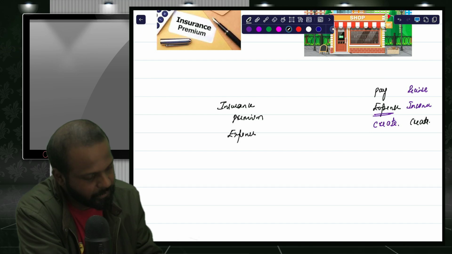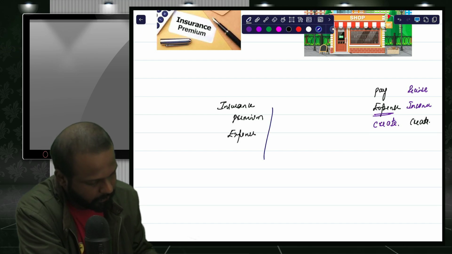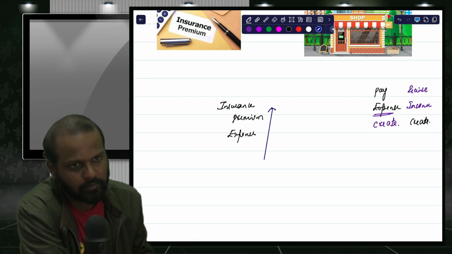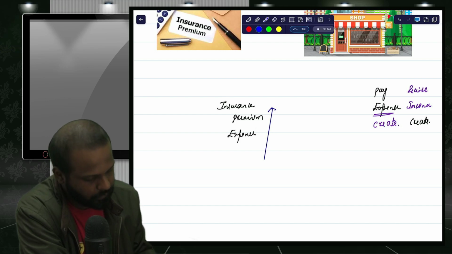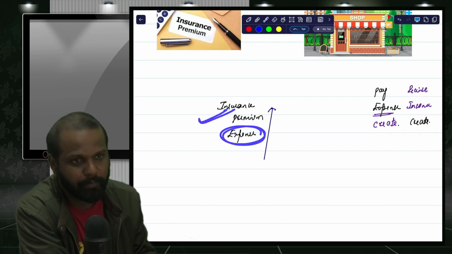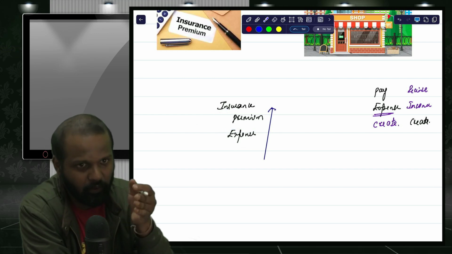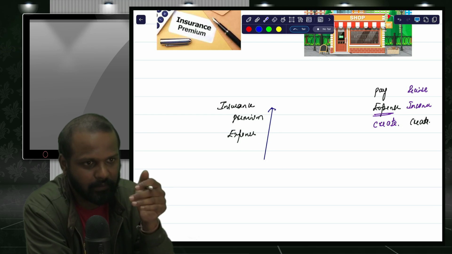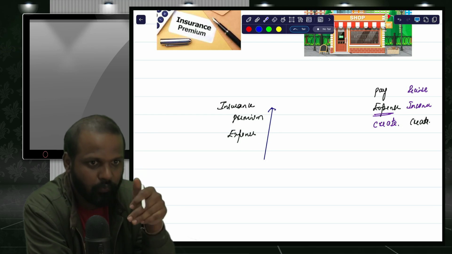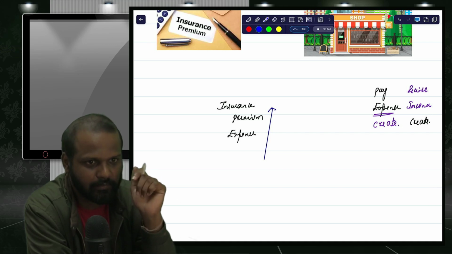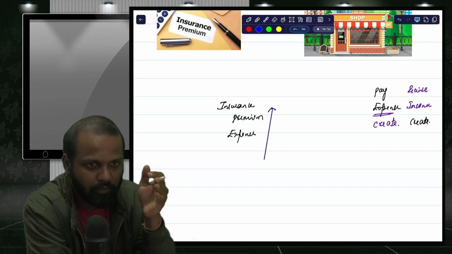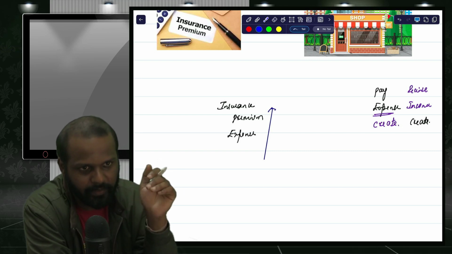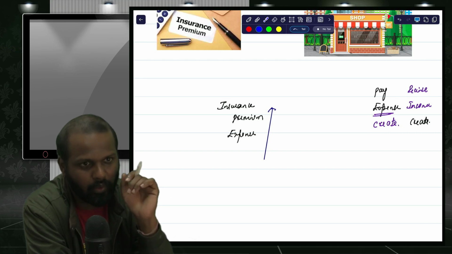So first we need to create that account. Create means increase. Because at the end of the year, if you want to know how much profit or loss is made in the business, you need to know the list of incomes and list of expenses. If you have not recorded which expenses you have paid and which incomes you have received, then how do you find profit or loss at the end? So create that account in your books, called expense account.